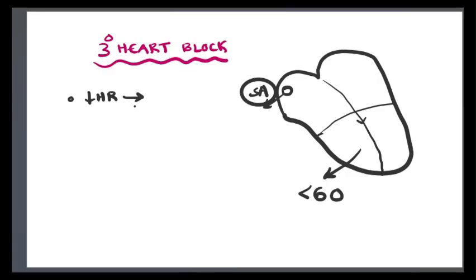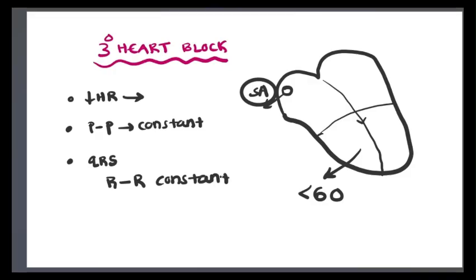So low heart rate. Another feature is the PP interval. PP interval is going to be constant. P wave happens at a regular interval. Similarly, QRS complex will happen at a regular interval. So the RR interval is also going to be constant. But there is no relationship between P and QRS or R wave.